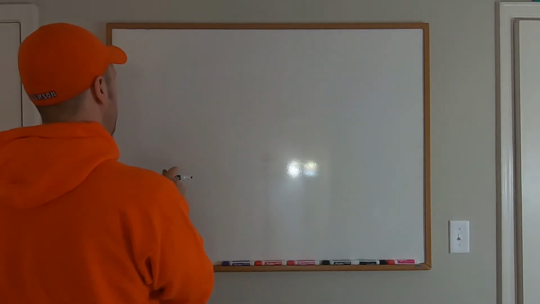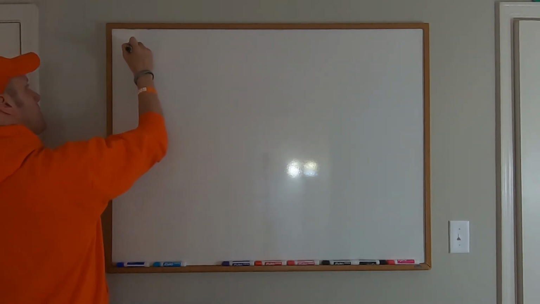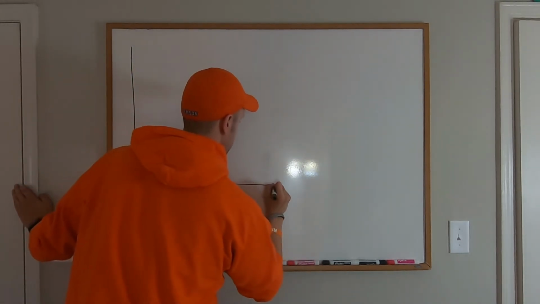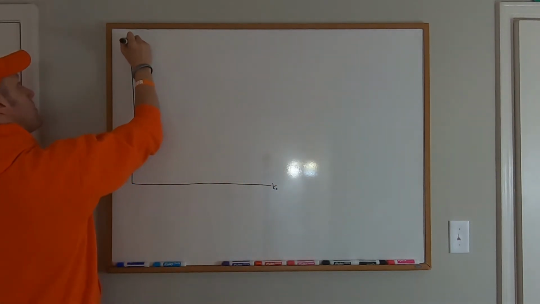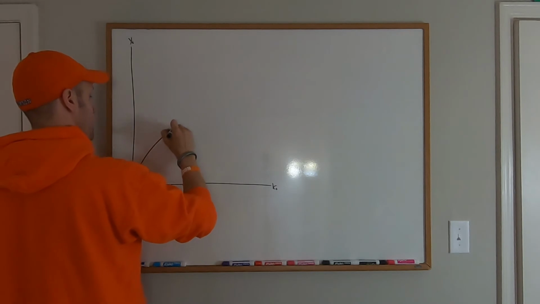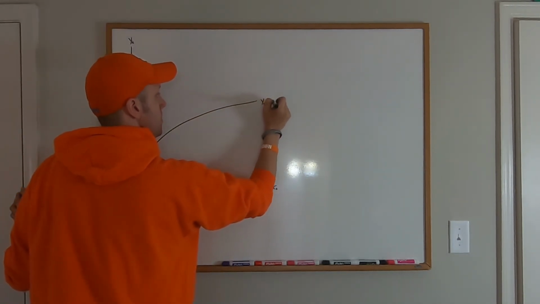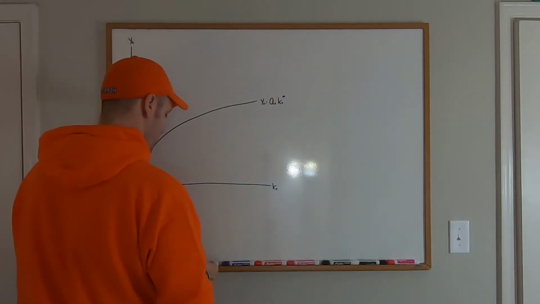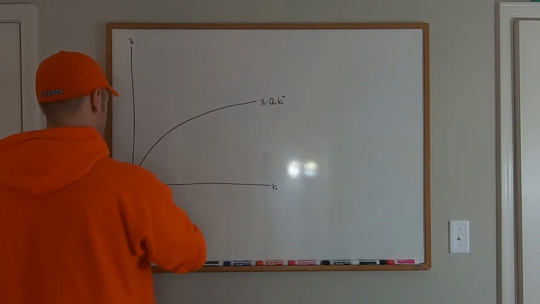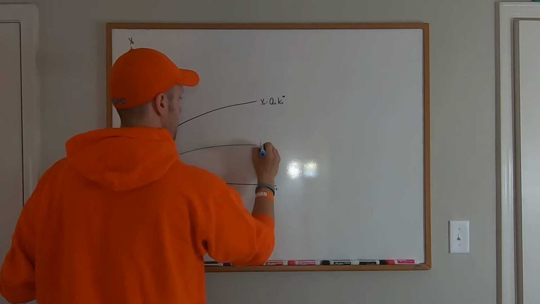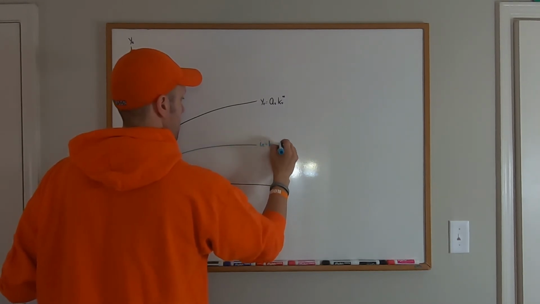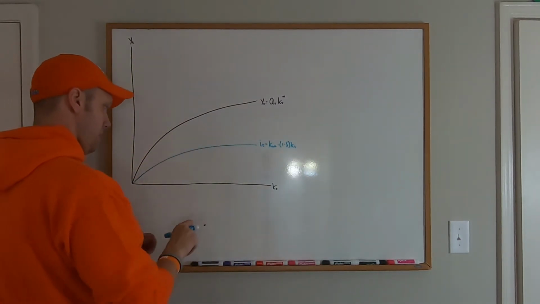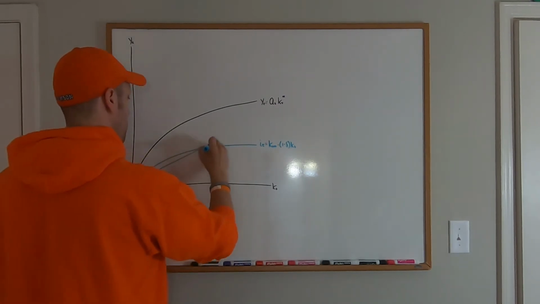Let's look at a change to A. Now here, I've got output, I have investment, and I'm just going to do depreciation as another blue line.